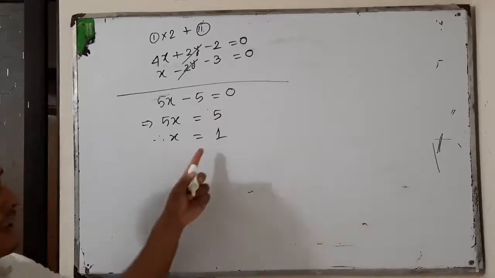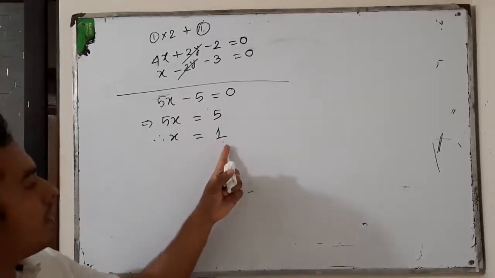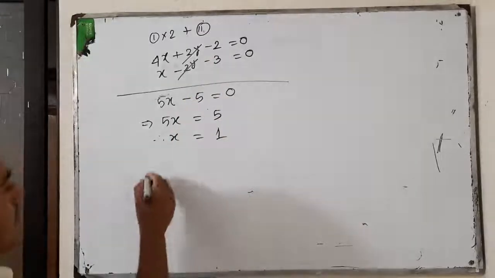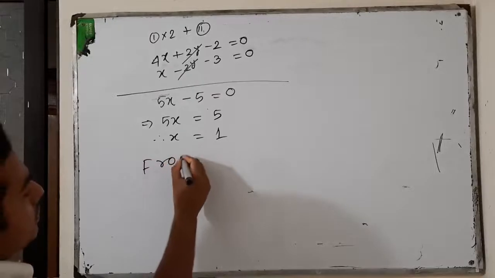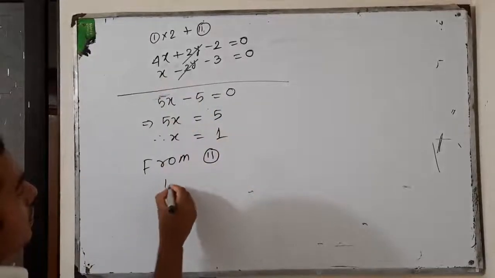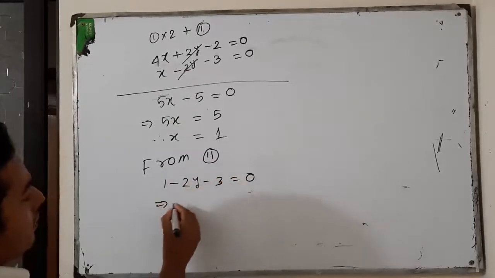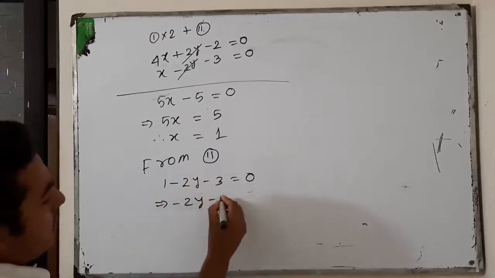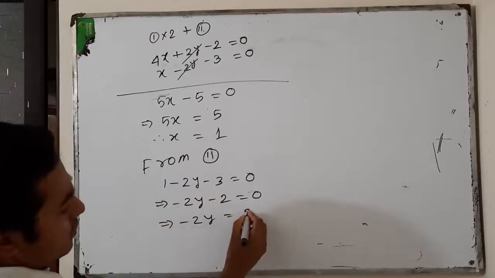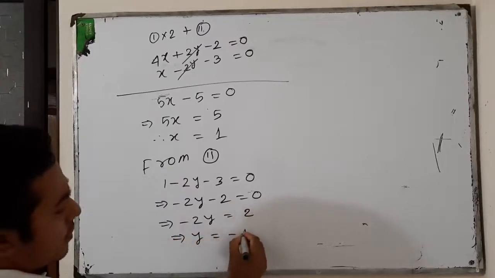Okay, already you have got the value of x, and now replace x is equal to 1 in any equation, 1 or 2. Now from equation 2: 1 minus 2y minus 3 is equal to 0, then minus 2y minus 2 is equal to 0, then minus 2y is equal to 2, then y is equal to minus 1.